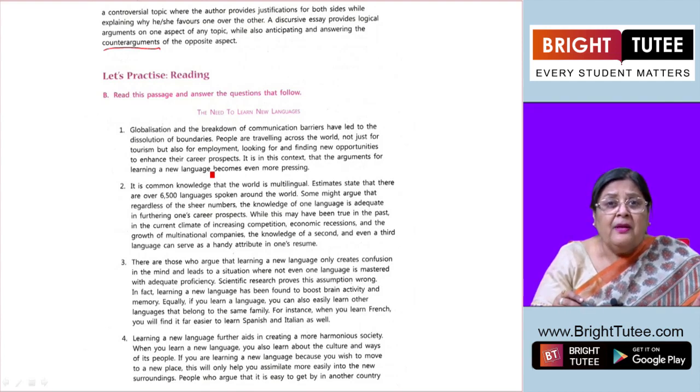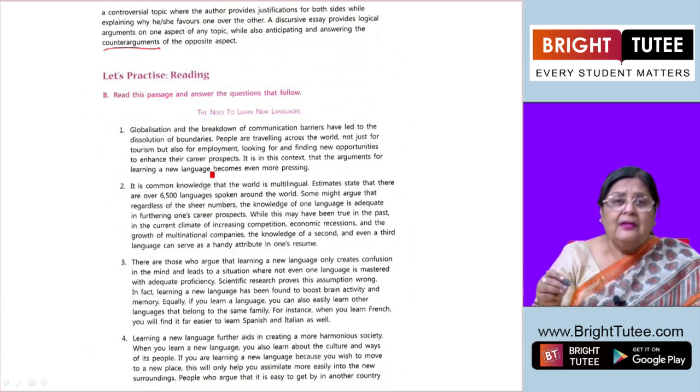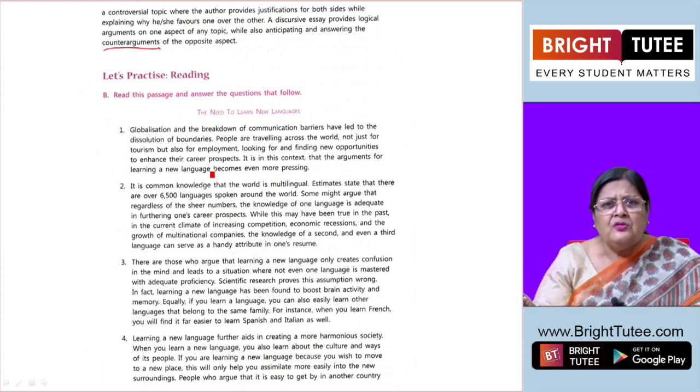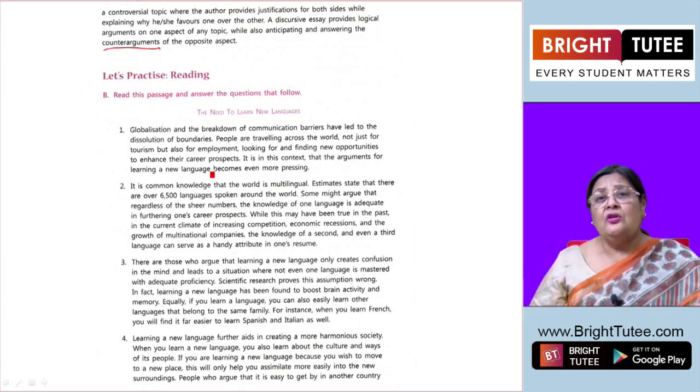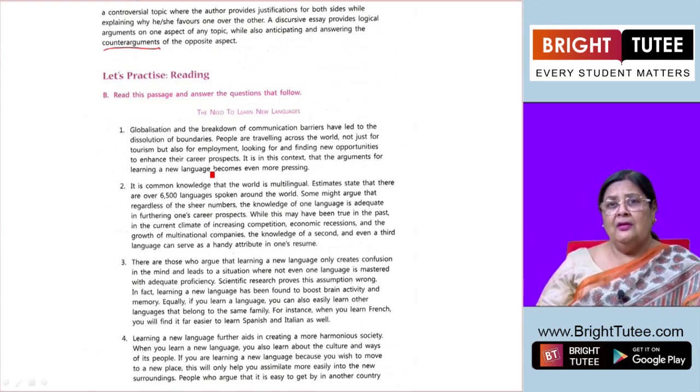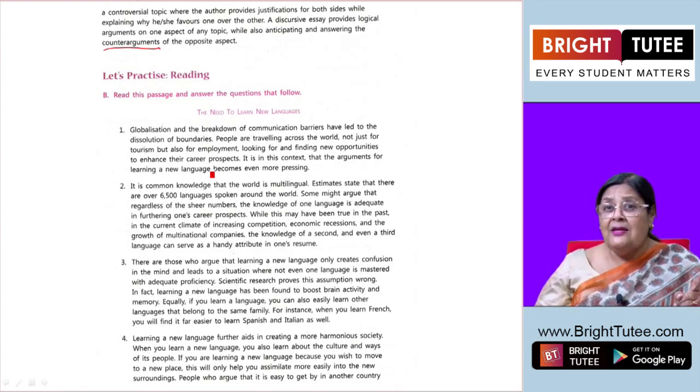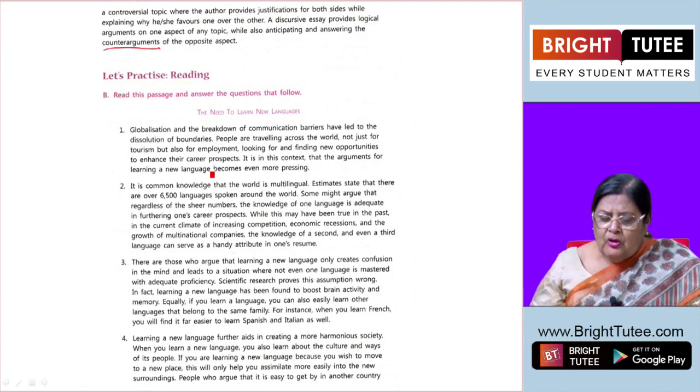They are going to Japan, where there are job opportunities, and they are going to the US, where they always used to go. Nowadays, other countries are also becoming very popular for giving jobs, like Canada and Germany. People go there looking for new opportunities to enhance their career prospects.